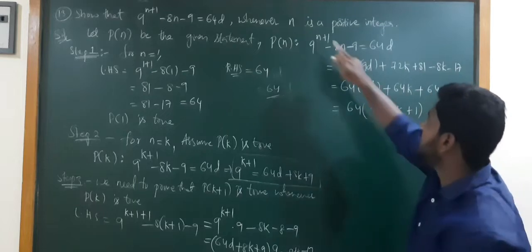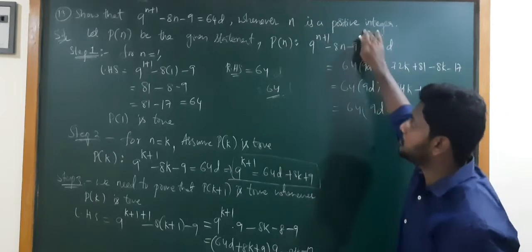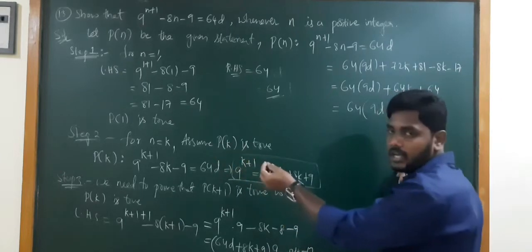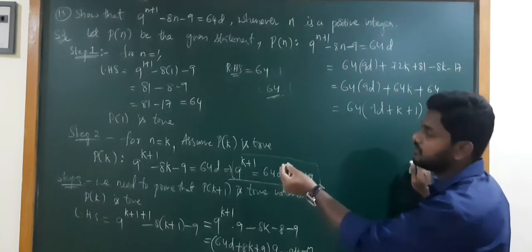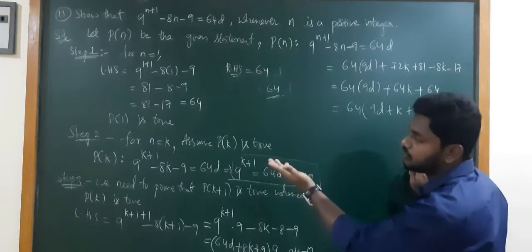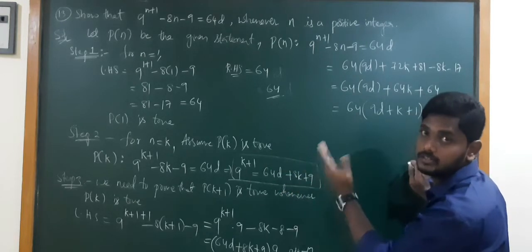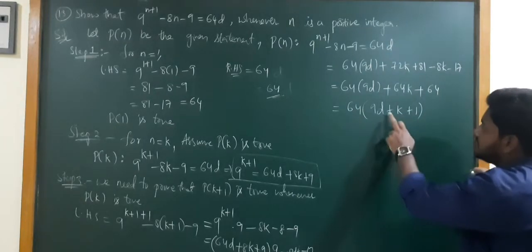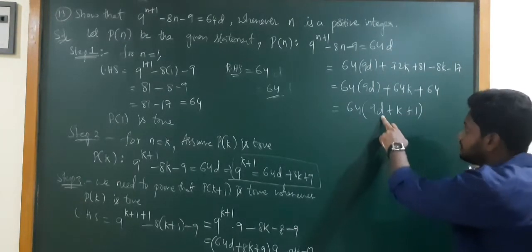Why? Because n is given to be a positive integer. In those positive integers, we have considered n equal to k. k means some positive integer. If n equal to k is some positive integer like 4, then k plus 1 is also a positive integer, 5. Like that, k is also a positive integer, and d is also a positive integer.